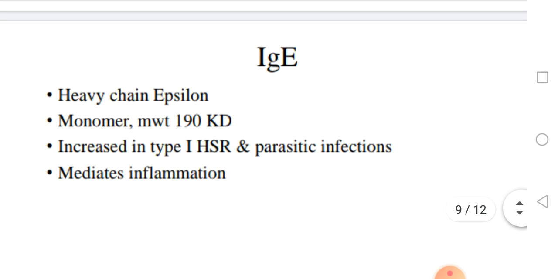IgE, its heavy chain is epsilon. It is a monomer. It has a molecular weight of 190 kilodaltons. Its concentration increases in type 1 hypersensitivity reaction and parasitic infections. It mediates inflammation.